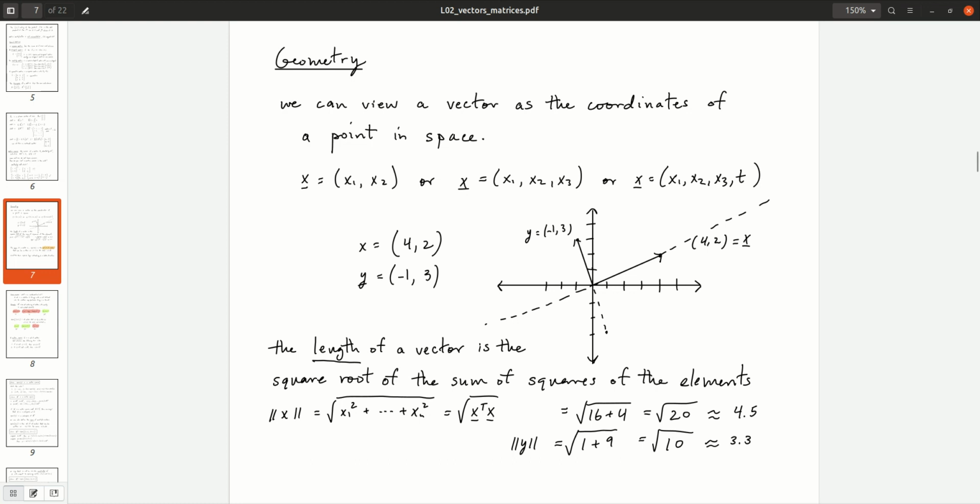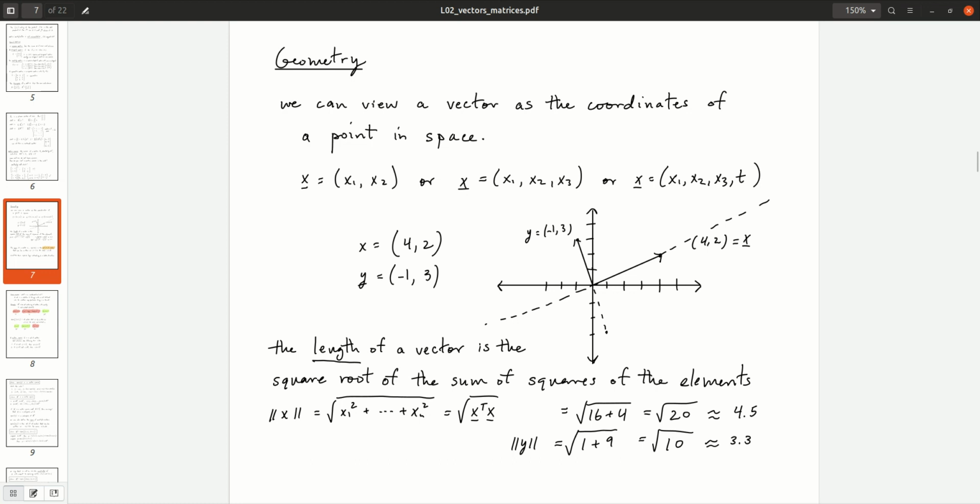Continuing with this example, the vector 4, 2 has a length of 4 squared, which is 16, plus 2 squared, which is 4, equals 20, and then you take the square root and you get about 4.5. You can look at the picture and see that this makes sense.